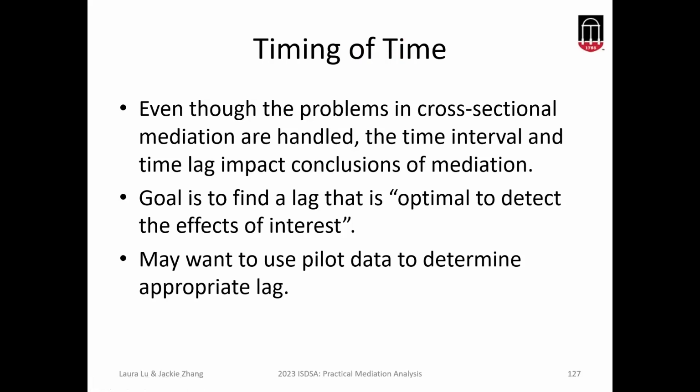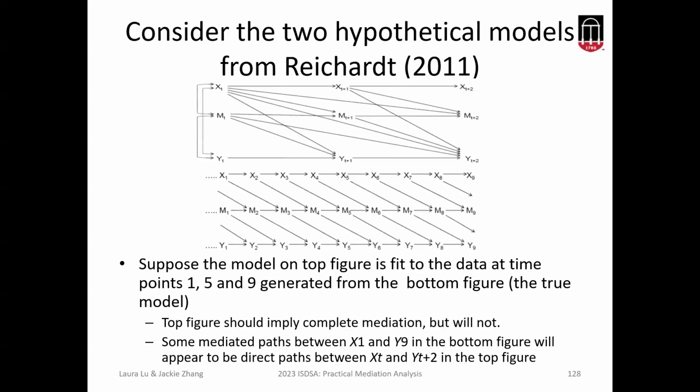And also we need to consider the timing. So for example, this is a true model. Suppose we have different time points. If you just measure at time point 1, time point 5, time point 9, then you have different lags. The different lags will also cause different results, and there will be bias.